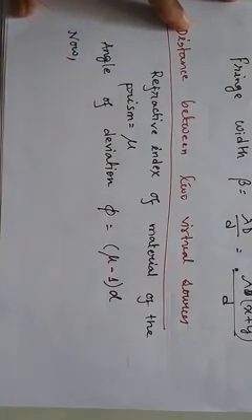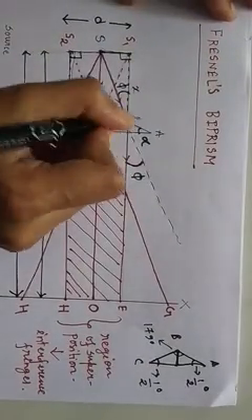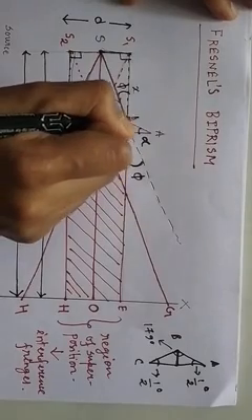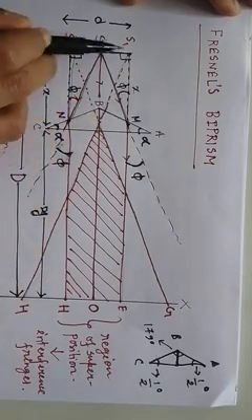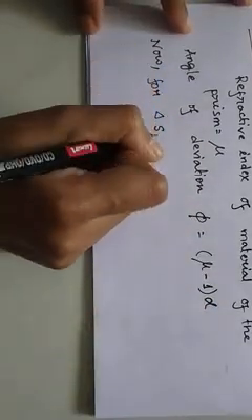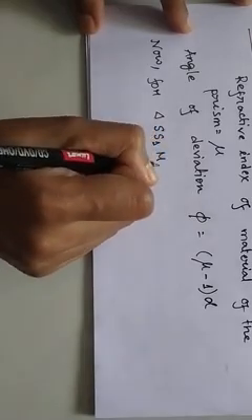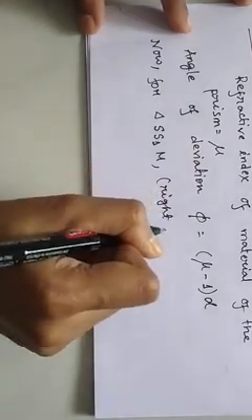Suppose we name this point M and this point N. For triangle S1 M, this is a right angle triangle.